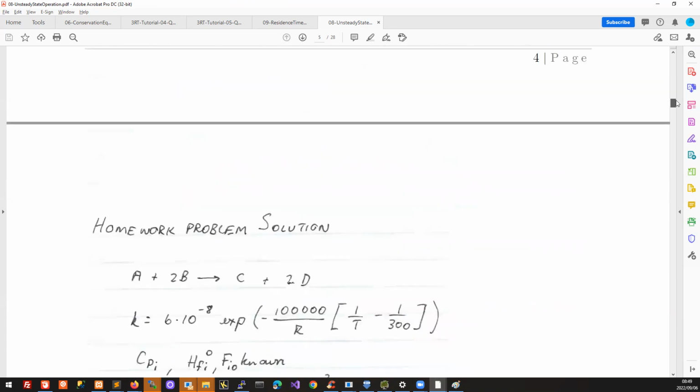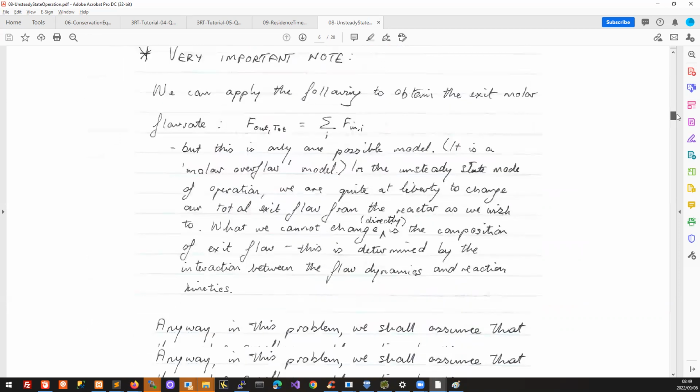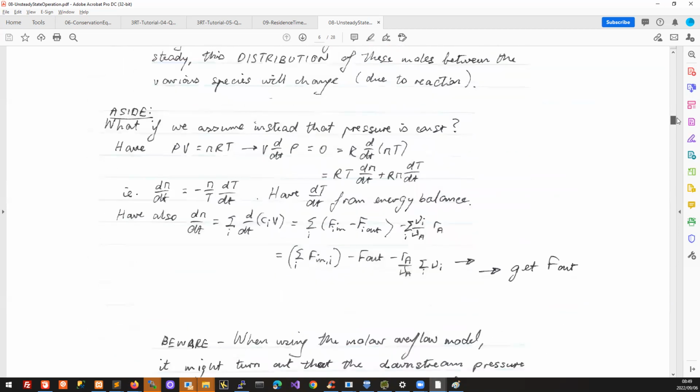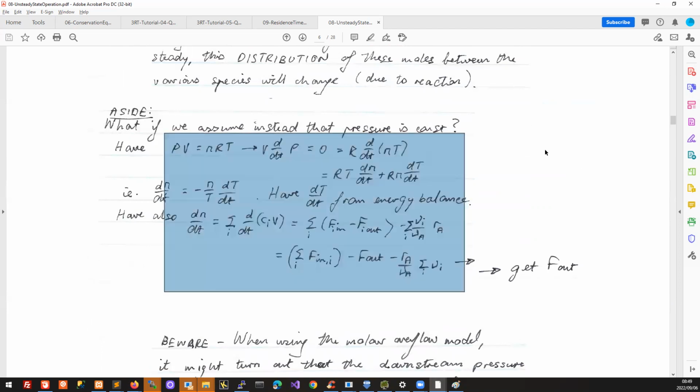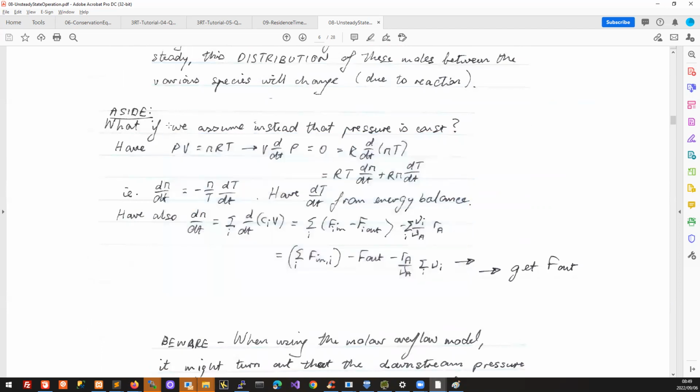And there are some comments here about how you would update the balance if the pressure is changing, using the ideal gas law. If your pressure is low enough, you can use the ideal gas law to relate the rate of change of pressure to the rates of change in the total number of moles and the temperature.